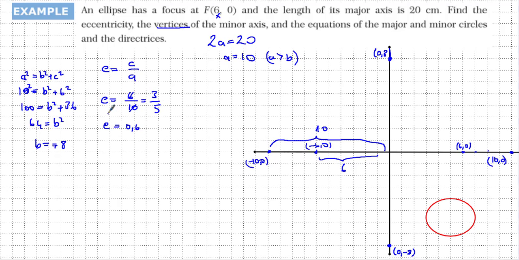Okay, we found the eccentricity also. We found the vertices of the minor axis. The major axis is given, the minor axis we found.